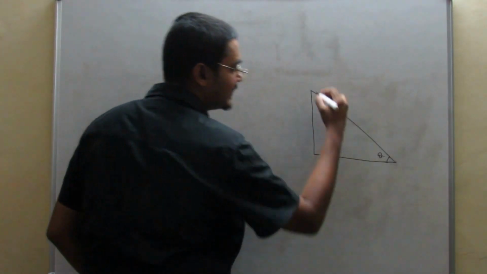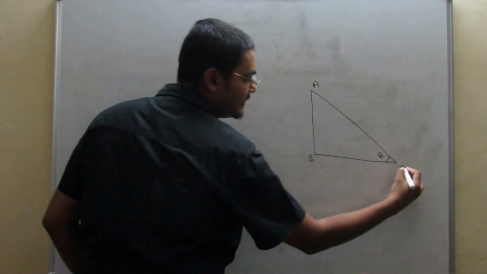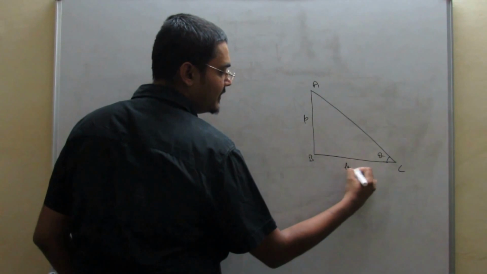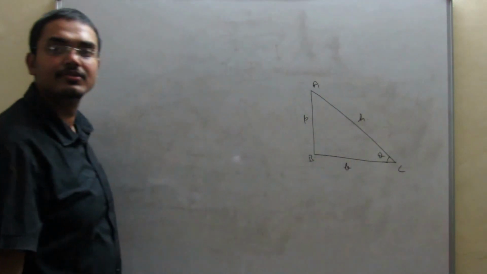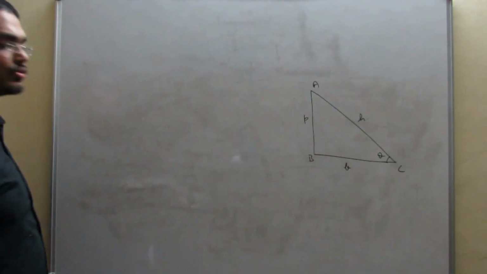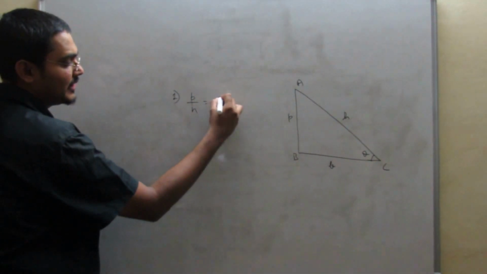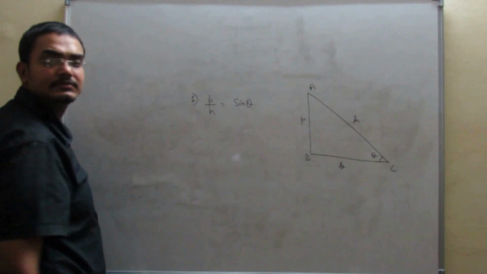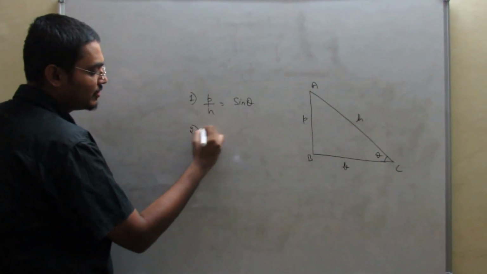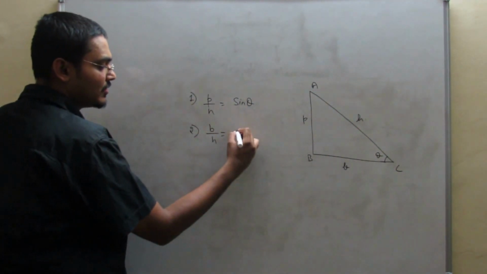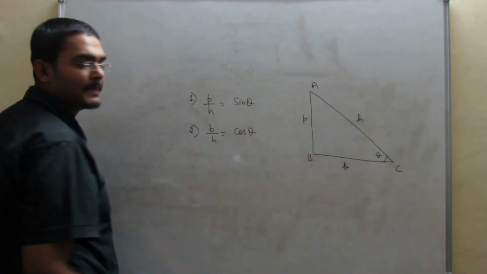This is my triangle, this is angle A, B and C. This is my perpendicular, this is my base, and this is hypotenuse. So I have my first ratio, which is perpendicular upon hypotenuse, that I call sine theta. Second ratio is base with hypotenuse, which I call cos theta.